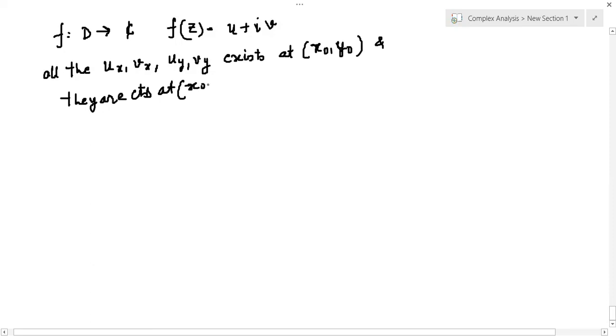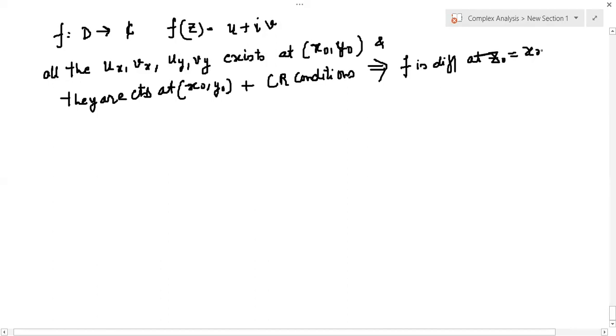So not only existence plus Cauchy Riemann conditions are met, then it implies what? Then it implies that the function is differentiable at point z naught, that is x naught comma y naught.